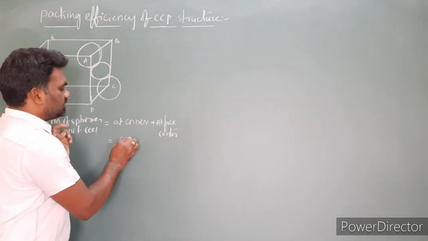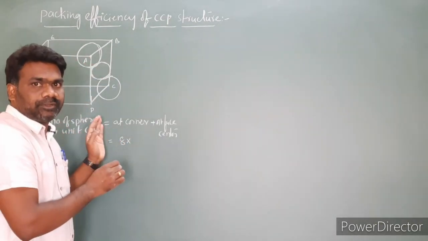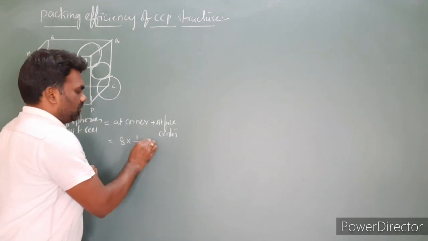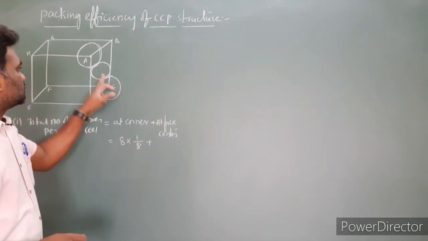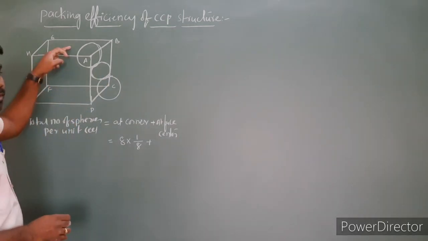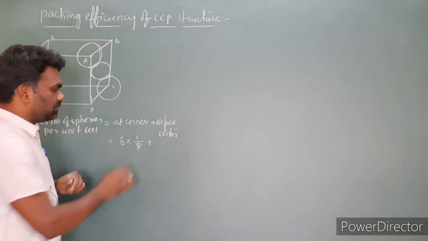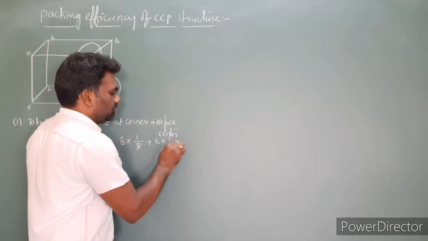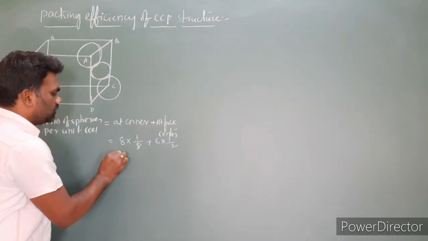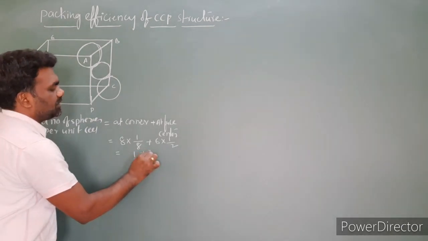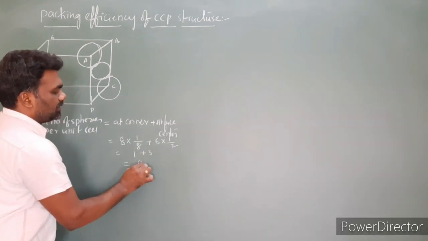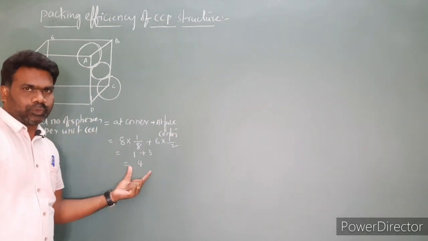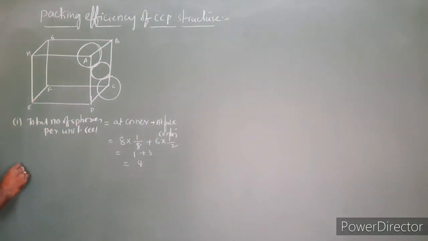So 8 into the contribution of a lattice point at a corner position, 1 by 8, plus how many faces do we have? 1, 2, 3, 4. One is the front side, one is the back side. Total number of faces is 6. 6 into the contribution at face center, 1 by 2. So that is equal to 1 plus 3, that is equal to 4. The number of atoms per unit cell is 4. This is the first point.